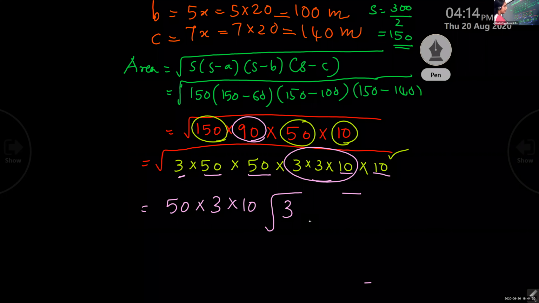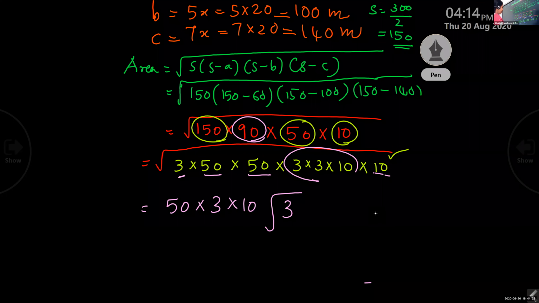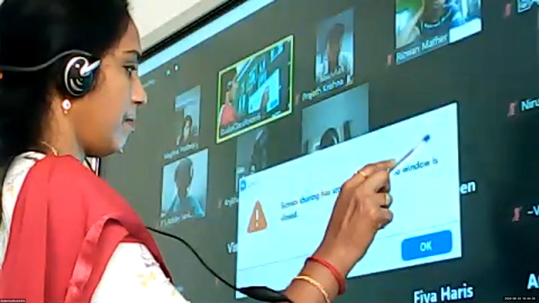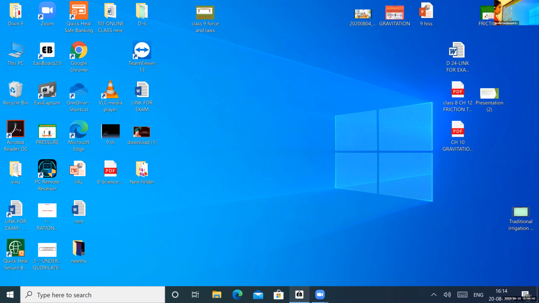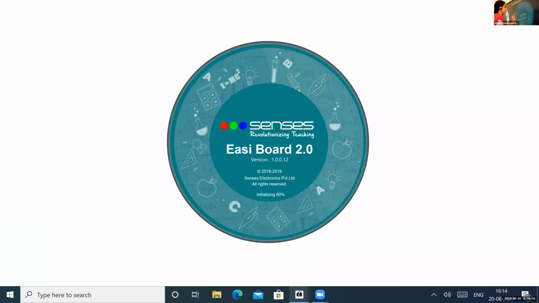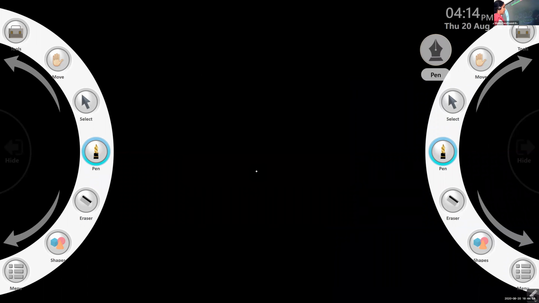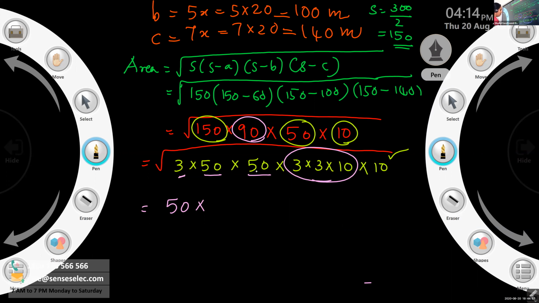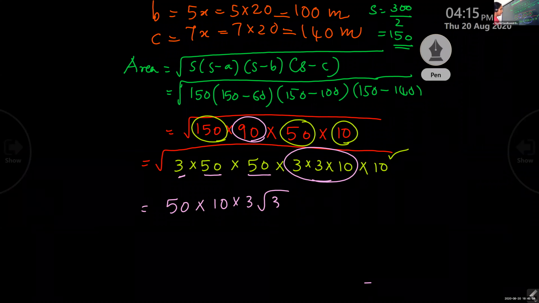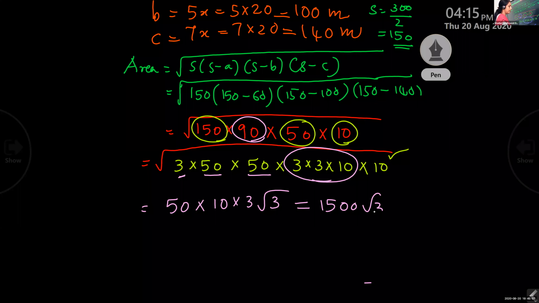So it is 50 into 10 into 3 and root 3. So you will be getting 1500 root 3 meter square.